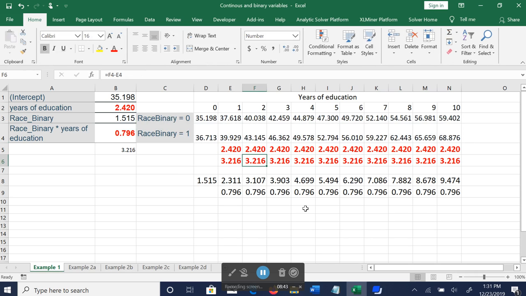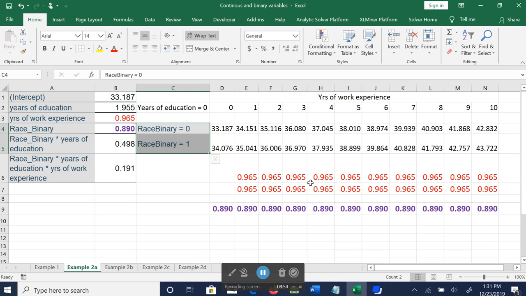Okay, now we are done with two-way interaction. Let's do something about three-way interaction. Because any worksheet, you can think of a worksheet like a piece of paper, only has 2 dimensions, right? The rows and columns.